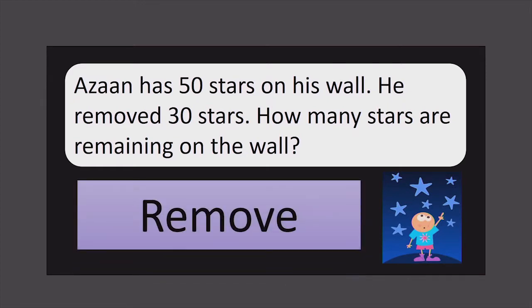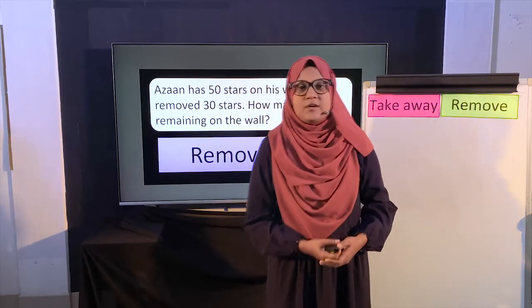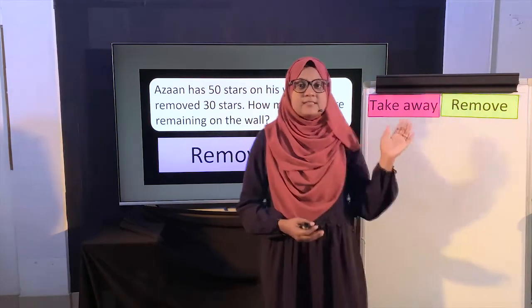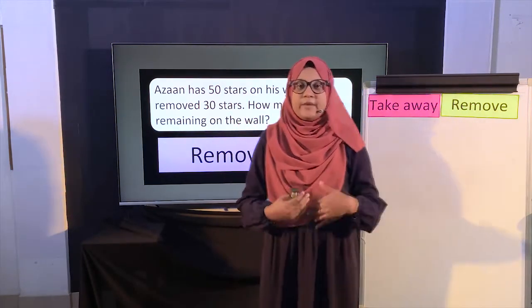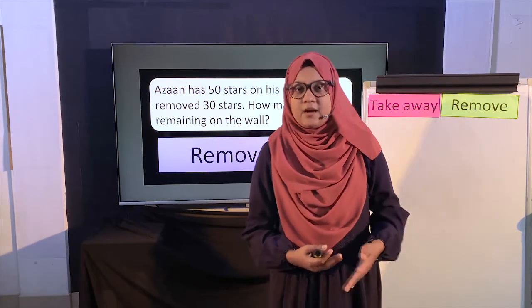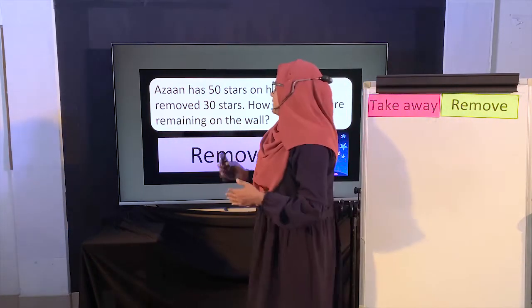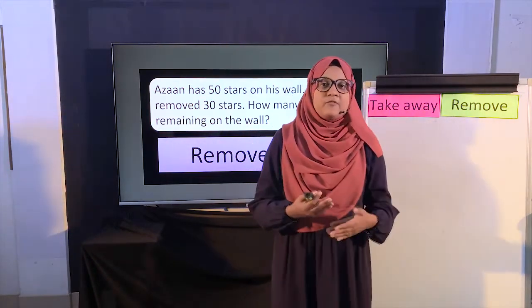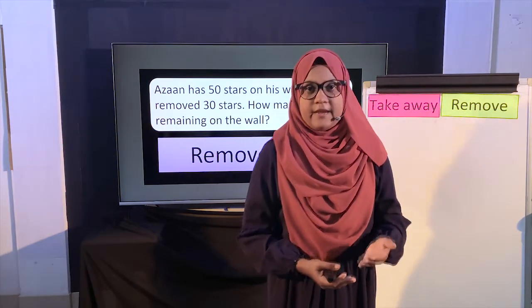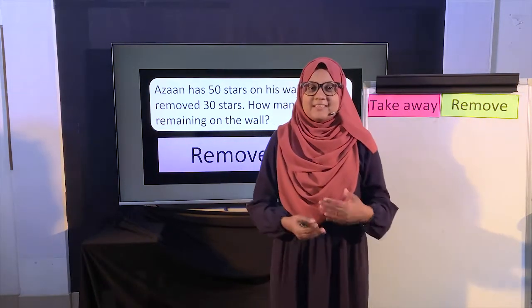So the next vocabulary is remove. Now, remove also has a similar meaning as take away. It means you are taking something away. In this question, there were 50 stars and 30 stars were taken away.